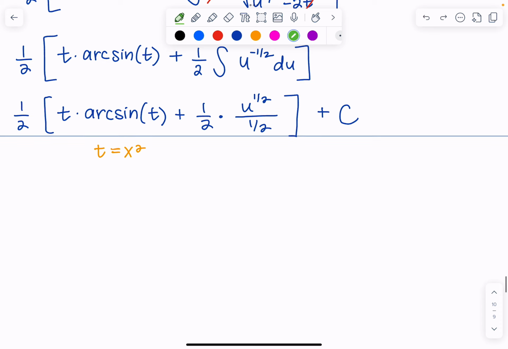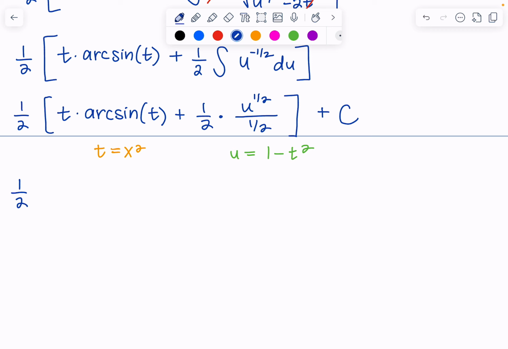So I'm also going to substitute u is equal to 1 minus t squared back in. Okay. And then the other thing I'm going to do is notice here in the denominator, I have 2 times 1/2. And it's kind of like 1/2 divided by 1/2, and that will just cancel out. So that coefficient goes away. All right, so let's go ahead and do all of that.